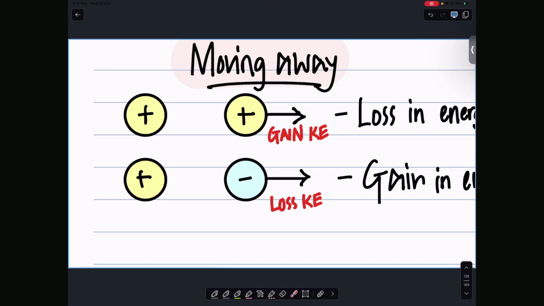Oh no, my mistake. This is plus, right? I'm letting this positive charge stay here. Which way will it naturally go? Away. And if it naturally goes away, it'll gain K because it's losing potential energy and gaining K, right? In this case, which way is it supposed to naturally move? Towards, but I'm taking it away, so it's going to lose energy. That's where the K is lost.